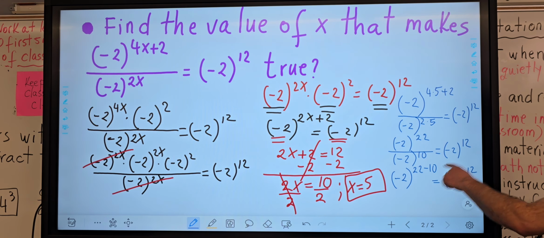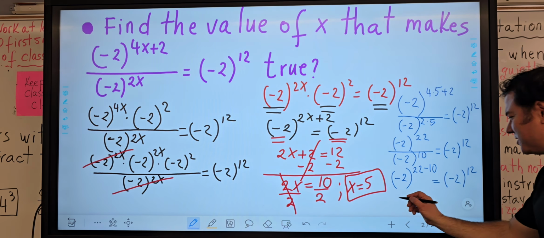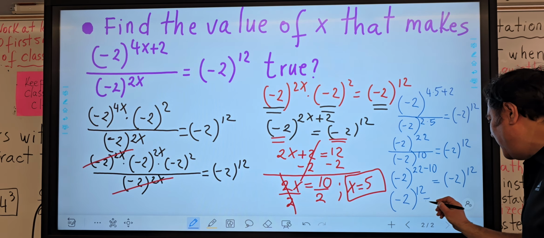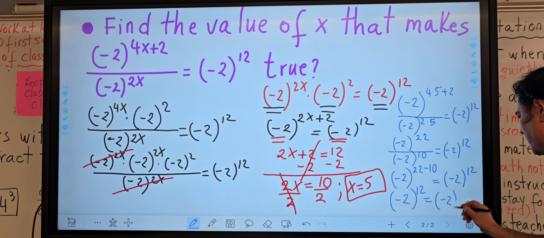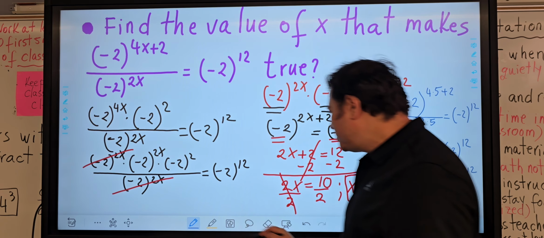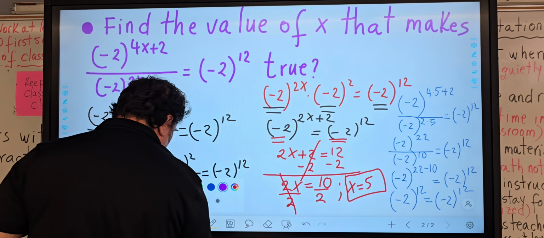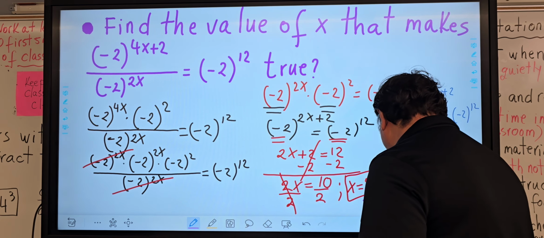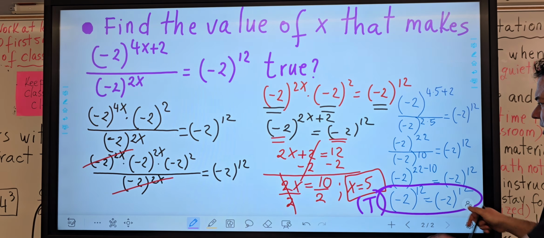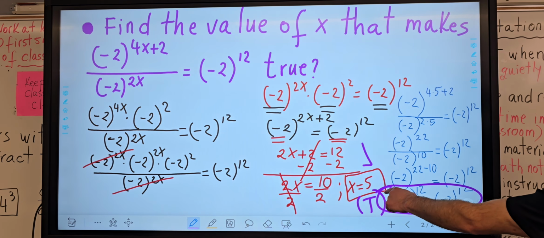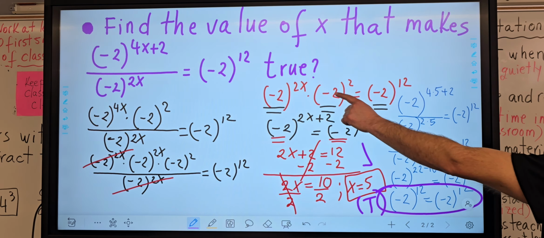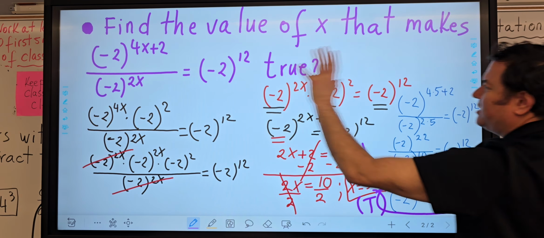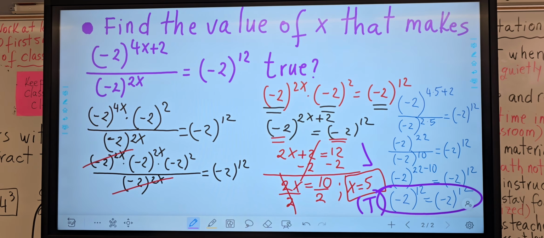And we know that 22 minus 10 becomes 12. So negative 2 to the power of 12 indeed equals negative 2 to the power of 12. So we can say that we got the right answer, right? We got it. That's a true statement. Therefore, x equals 5 is the answer for our equation. So x equals 5 makes this equation true.